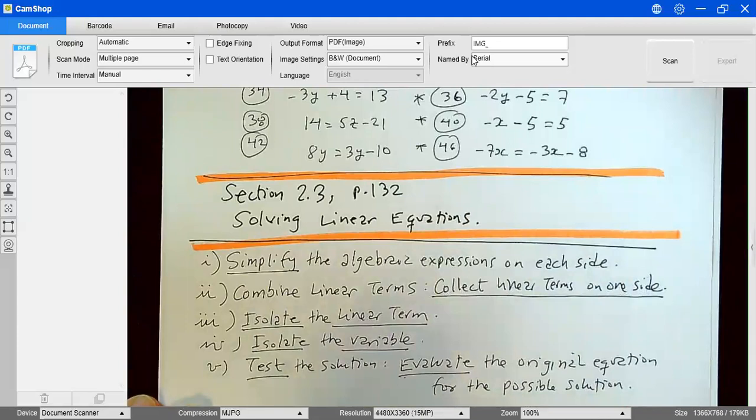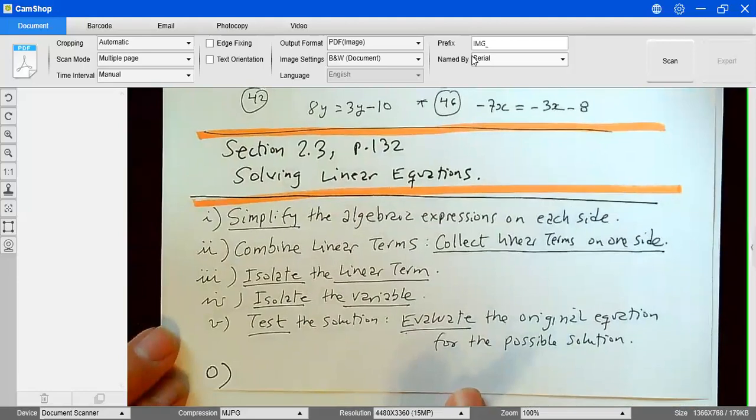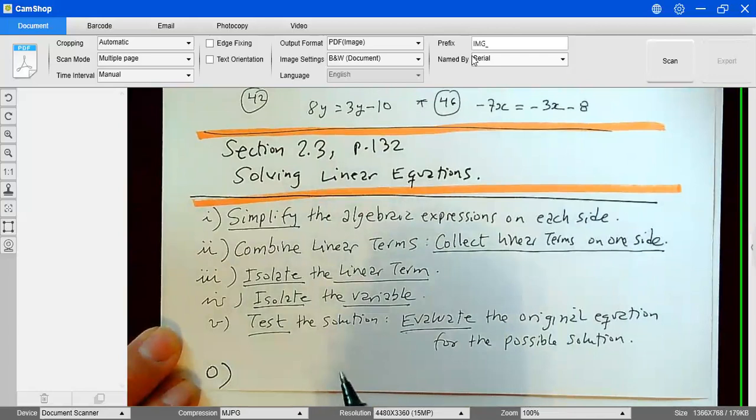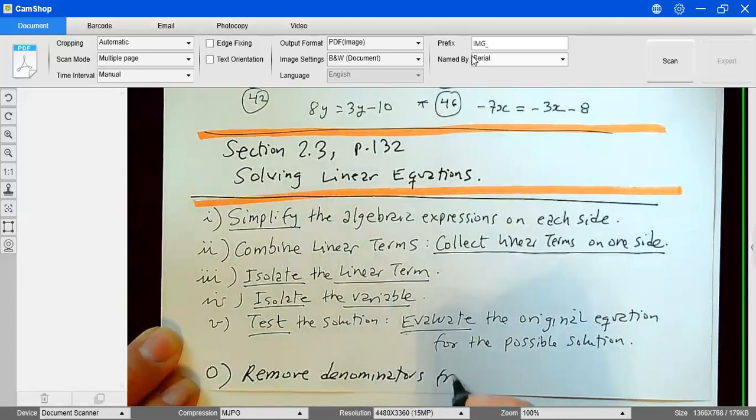But before all these steps, we have a step 0 that is not in the book, but is in our previous notes. What is the step 0? It's 0 because many times you don't have to do this step. But there are some cases where we need to start with this step: remove denominators first, by using the multiplication property.